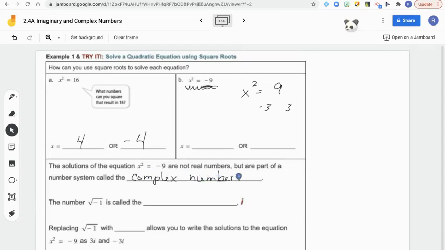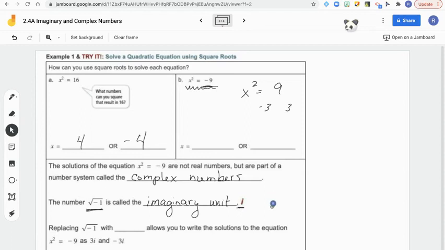So the number square root of -1 is actually called the imaginary unit. This I is how we say the imaginary unit. There's an I under here, right?